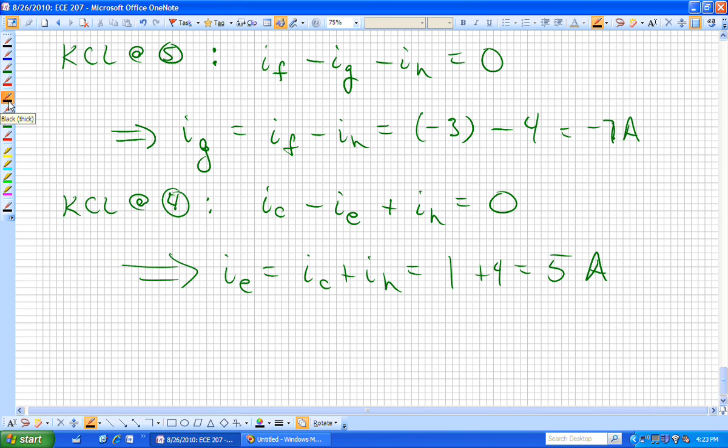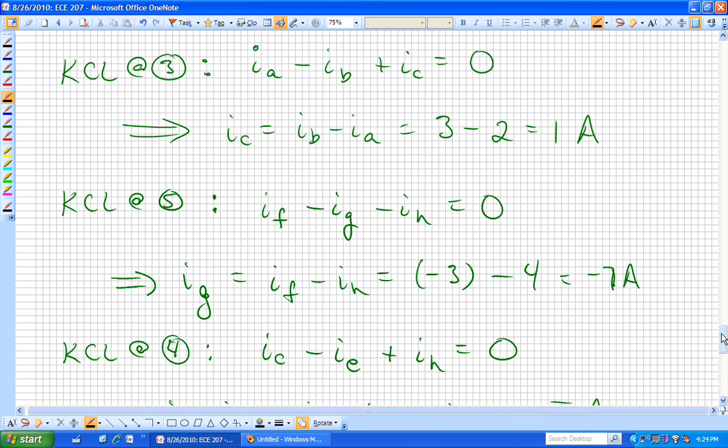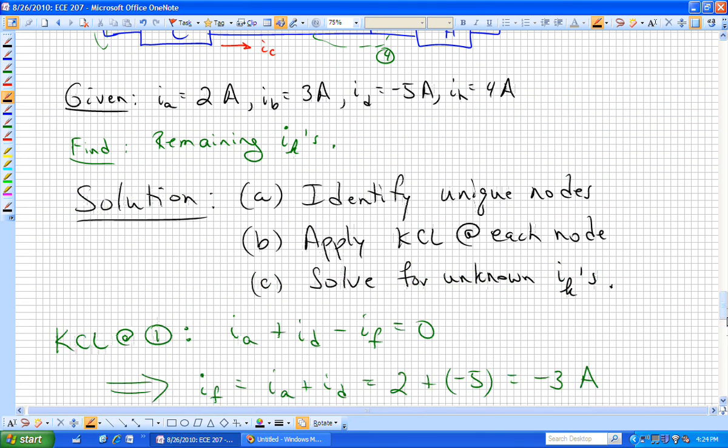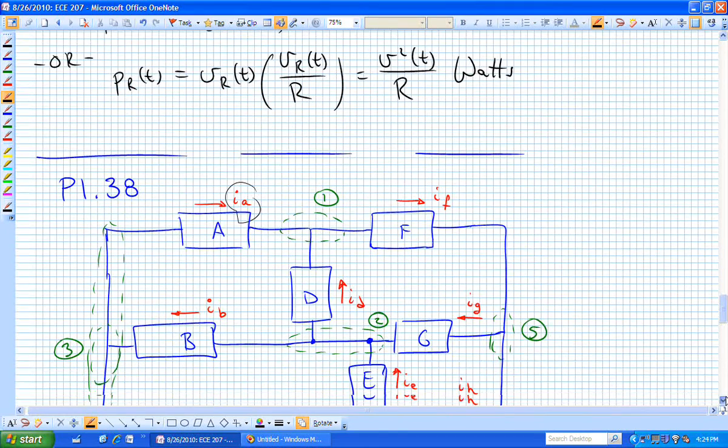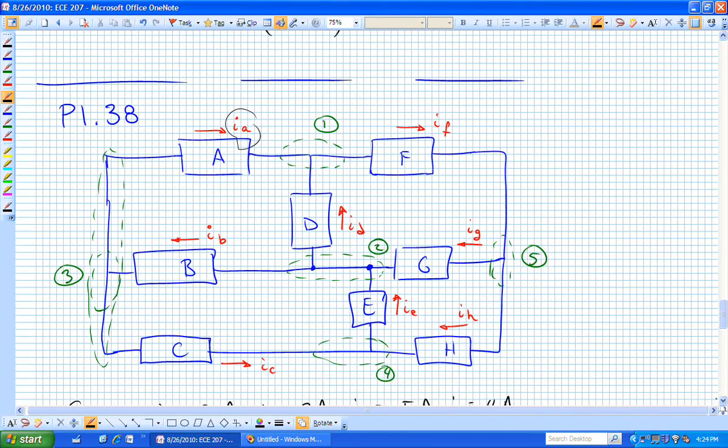Have we found all the unknown currents? Question: wasn't it negative I_H? Let's see what's going on here. The question that was asked was, where was I sub H and how was it flowing? For node 4, I believe my convention was, let me sum the currents into node 4.